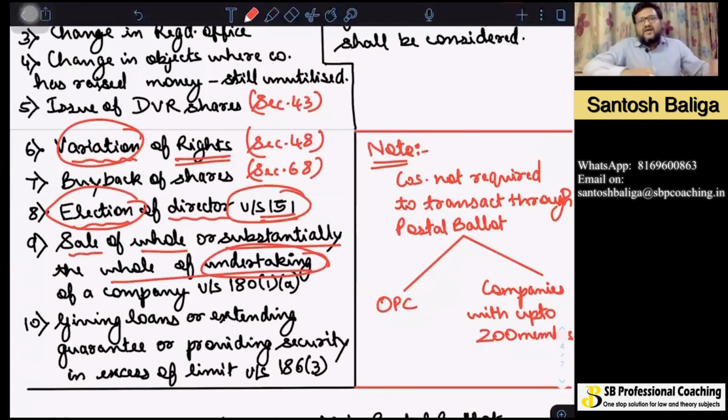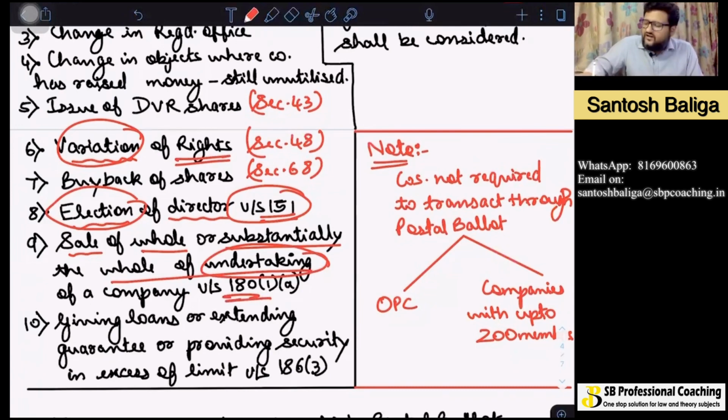So if the company has 3 undertakings, any one undertaking the company wants to sell for whatever reason, maybe they're getting a very good price for it, maybe it is a loss-making undertaking. So in case they want to sell any undertaking or a part of it, then in that case, they'll have to take the voting by postal ballot route. That is covered under section 180, subsection 1, sub plus A.